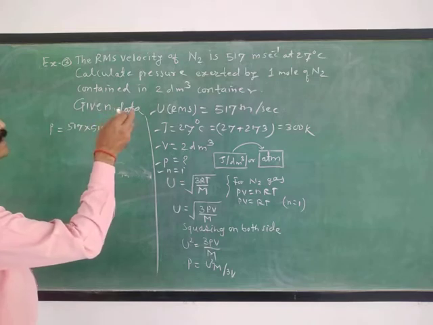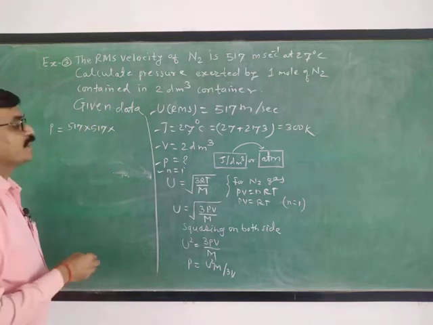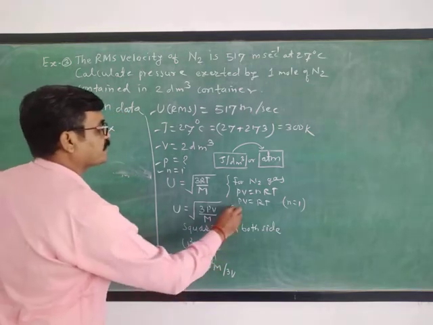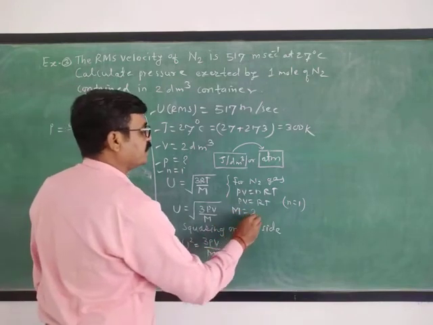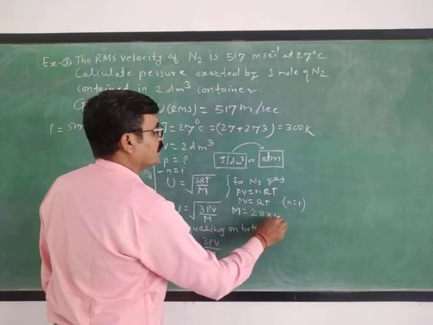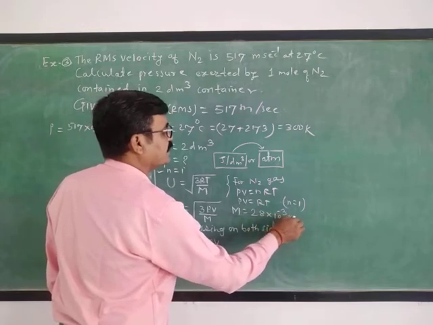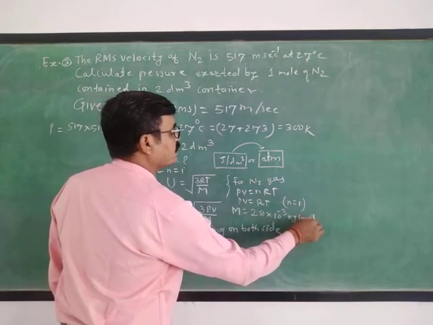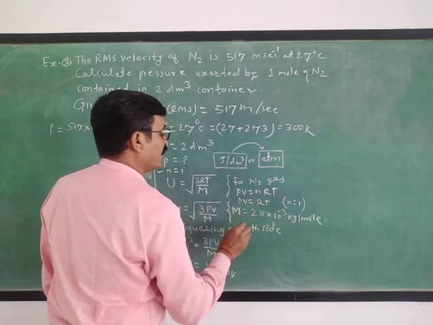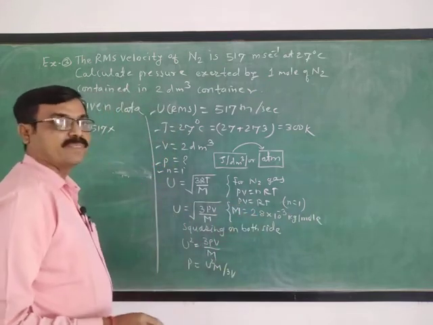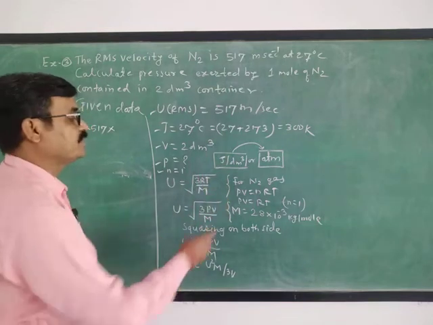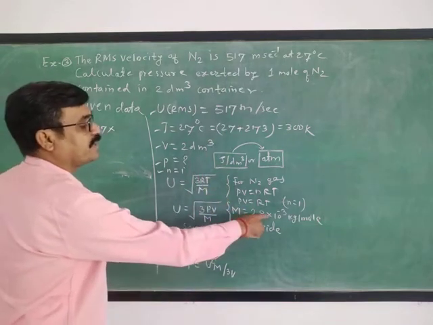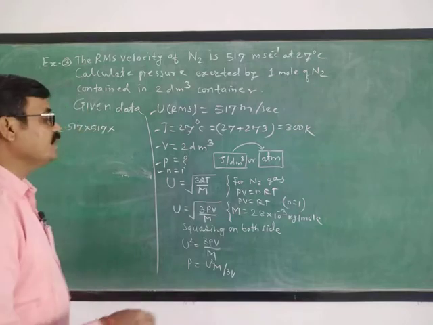Here gas given is nitrogen, that's why molecular weight M equals 28 into 10 raised to power minus 3 kg per mole. This is also given because you know atomic weight of nitrogen is 14, that's why 28 gram, that's why 28 into 10 raised to power minus 3 kg per mole.